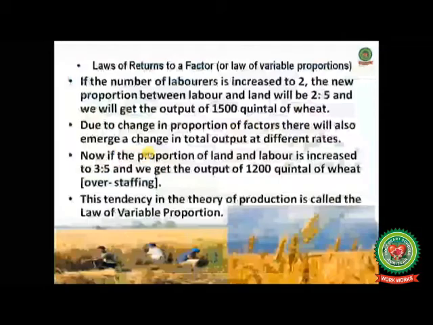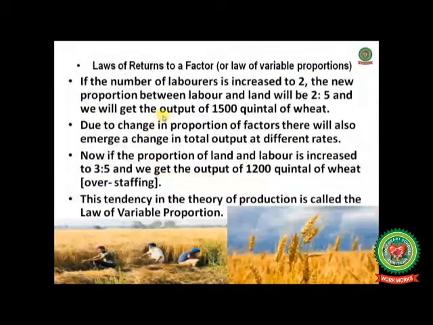Now what happens if we increase the combination from 1 laborer to 2 laborers, and the piece of land remains the same. Our total output of wheat will increase from 1000 quintal to 1500 quintal due to the change in the proportion of the factor inputs. There will also emerge a change in the total output at different rates.